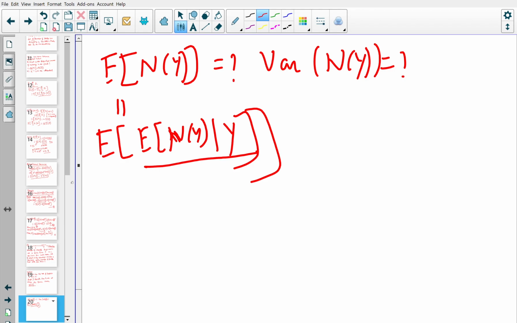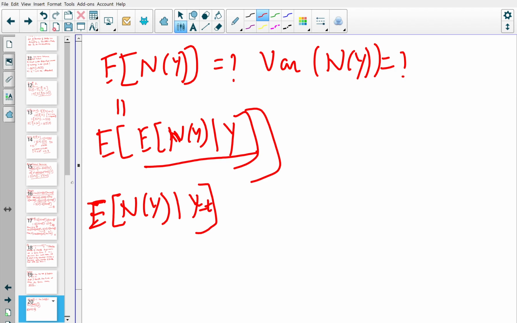there are two ways. If one finds the particular value, I can take the sum. Either you can find this thing first and then do the whole expectation, or, let me first do this inner expectation first: expectation of N(Y) given Y equal to t.